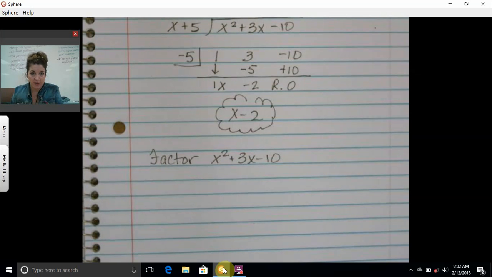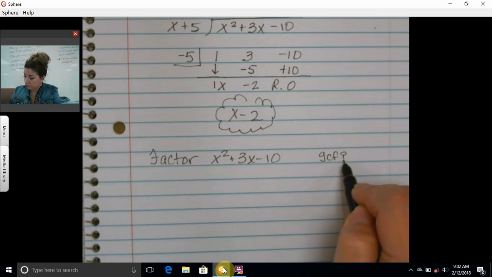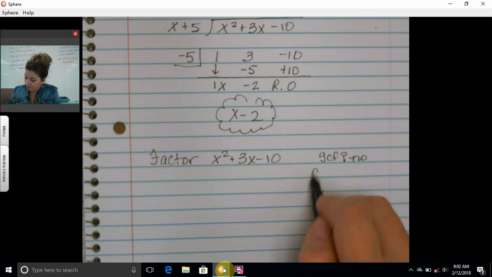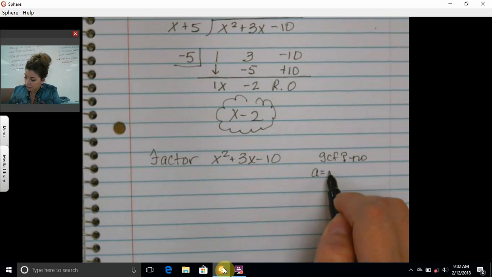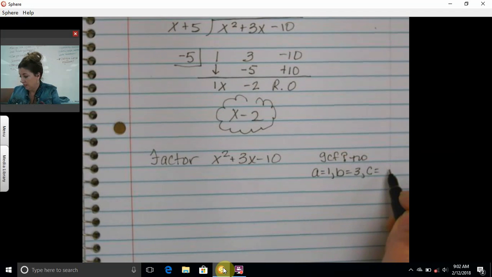So, is there a greatest common factor? Nope. And it is a quadratic, so if it's factorable, we'll use the t-chart and divide and slide. What's A? 1. What's B? 3. And what's C? Negative 10.